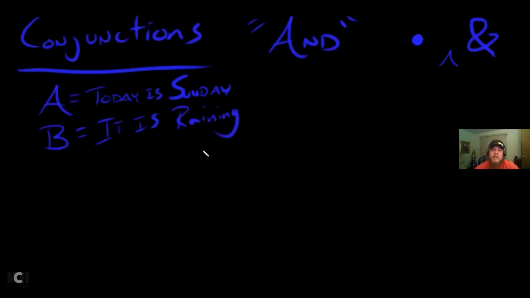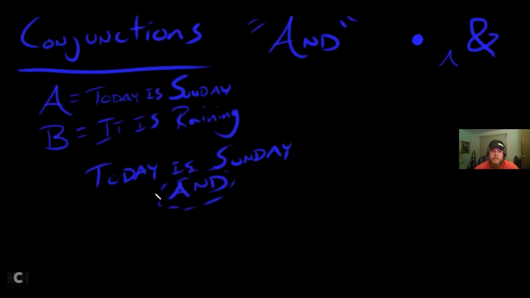So if I said all of this, today is Sunday, and it is raining, and I've already established here that A stands for "today is Sunday" and B stands for "it's raining," how would I write this?